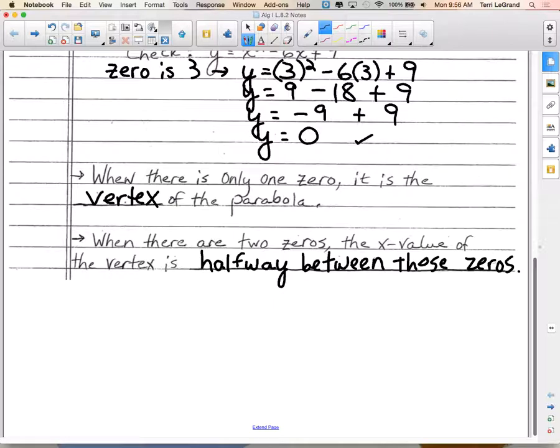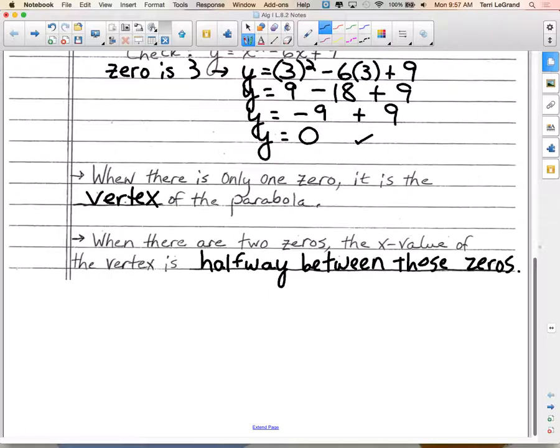Could you tell me right now what the vertex is in number 3 on this assignment, 124? What's the vertex? What's the vertex in number 3? -2, -4. Would you look in that table?